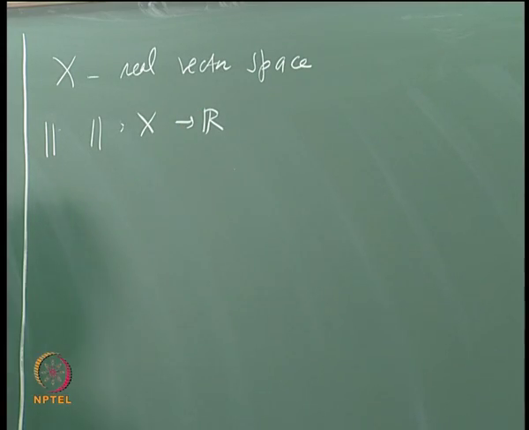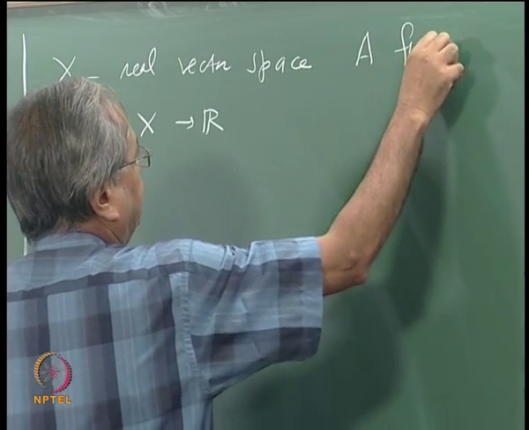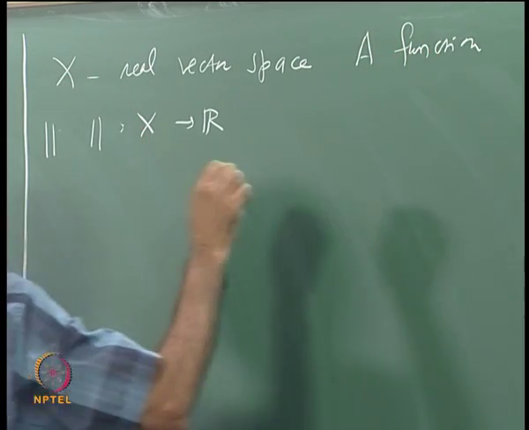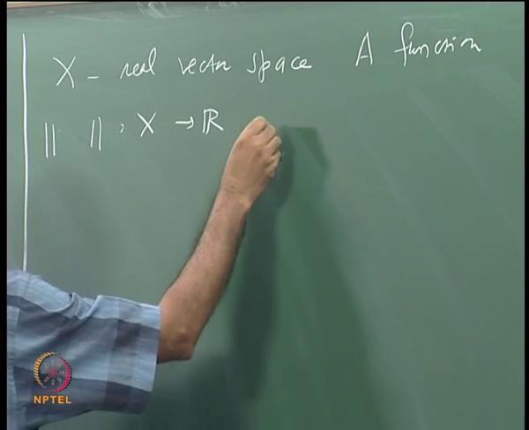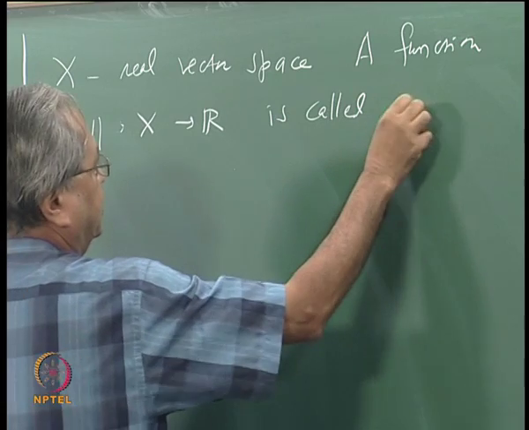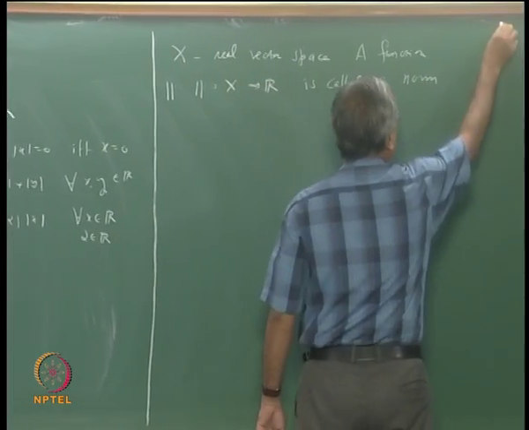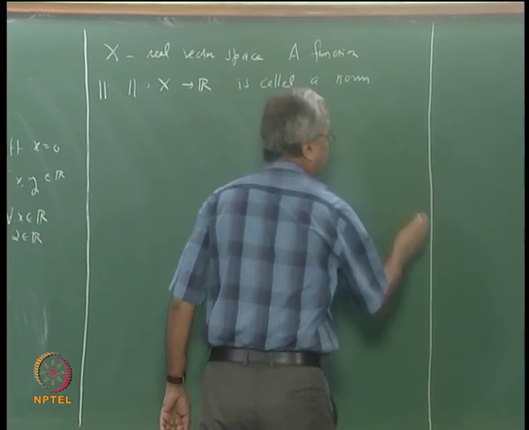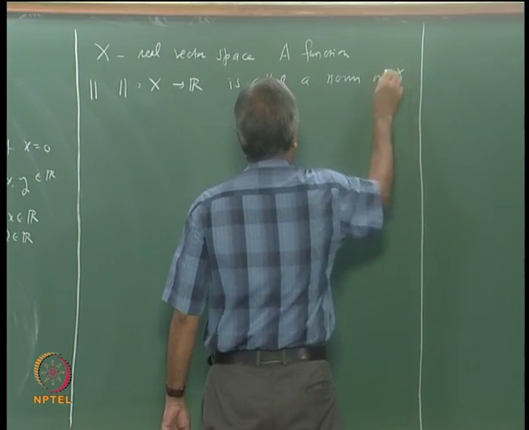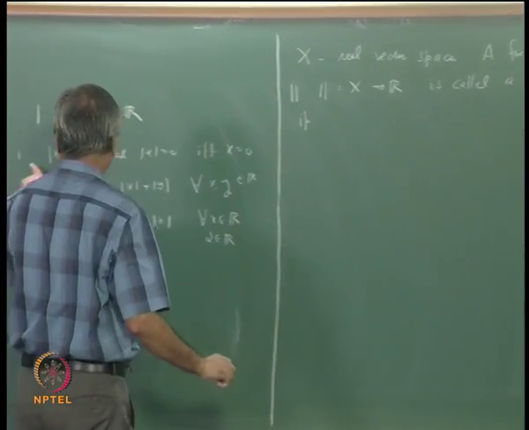So we will say that a function from X to R is called a norm on X if it satisfies the properties which are similar to this.